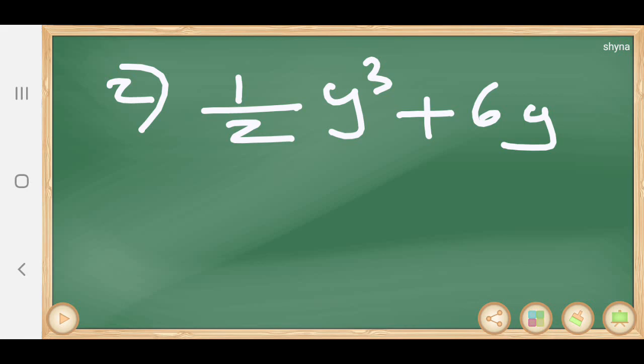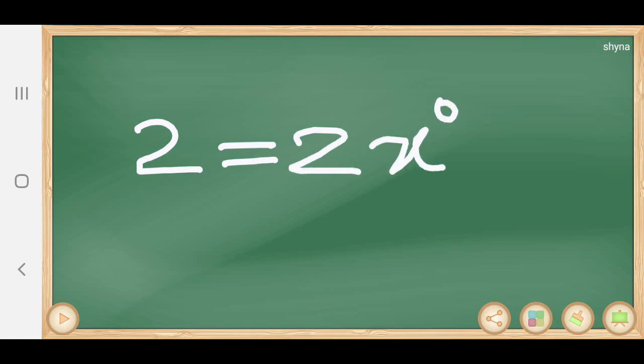Then coefficient of 6y equal to 6. I think all of you understood that one. Terms, coefficients. Next time.